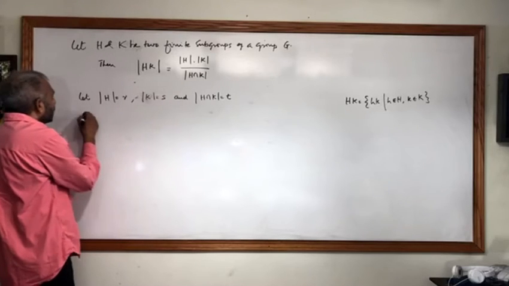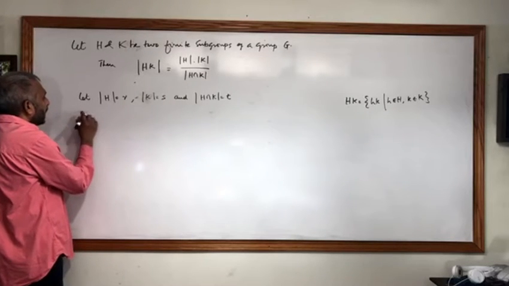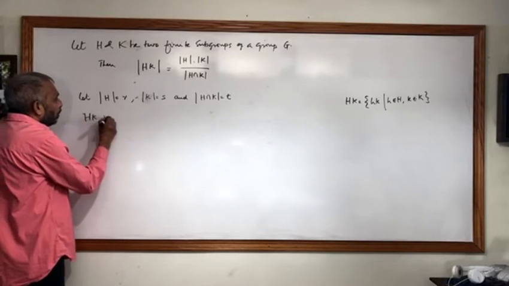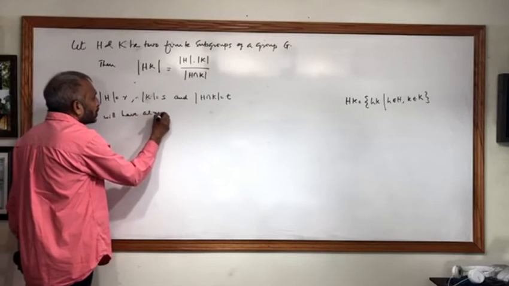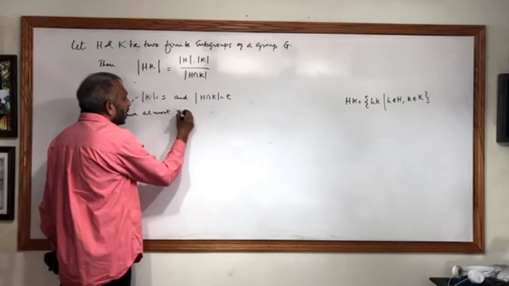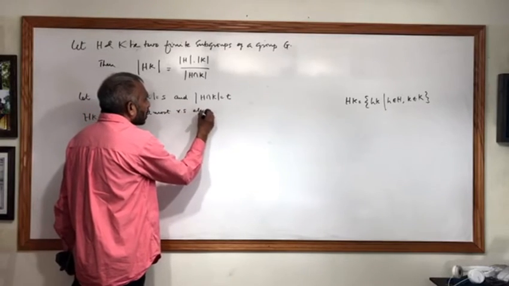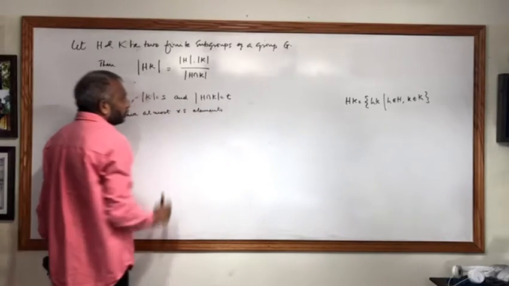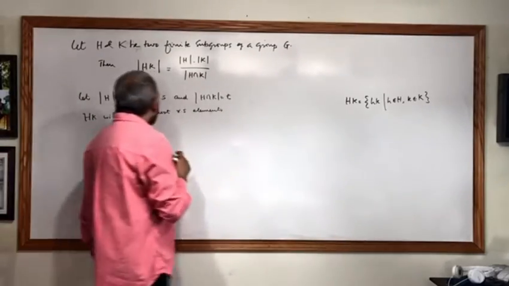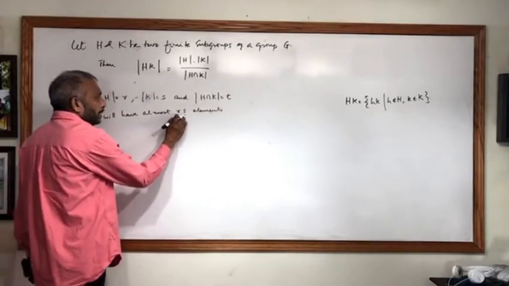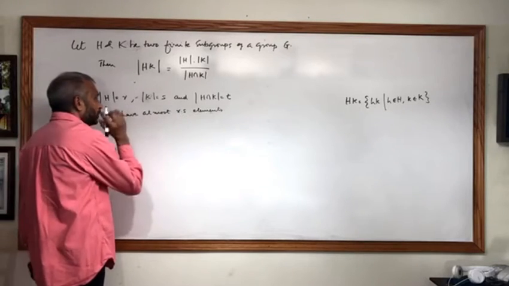So HK will have at most r times s elements, right, with this definition. But some of them are repeating, maybe, sometimes.